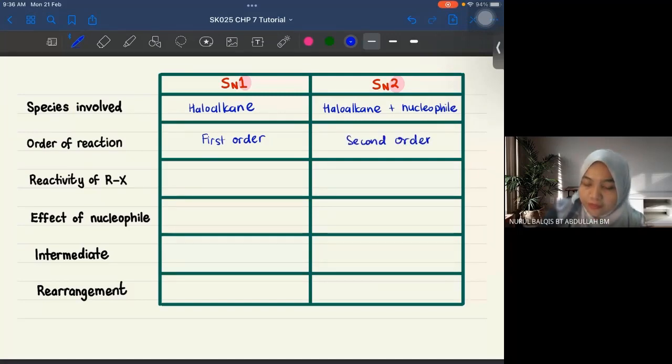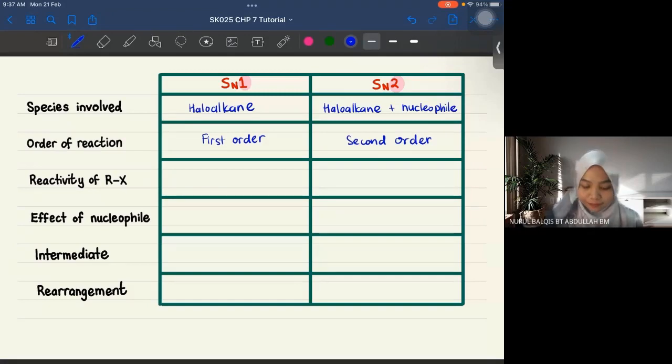Okay, in terms of reactivity of haloalkane towards this SN1 and SN2 mechanism. So we know reactivity of SN1 reactions, dia akan rely on apa? Semalam kita discuss. Macam mana kita tentukan yang that particular species got the highest reactivity towards SN1?